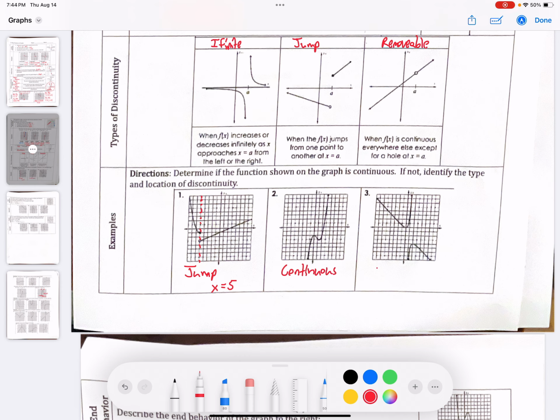And number three is infinite discontinuity, and that exists on the line of x equals 1. So this line here is where our discontinuity is.